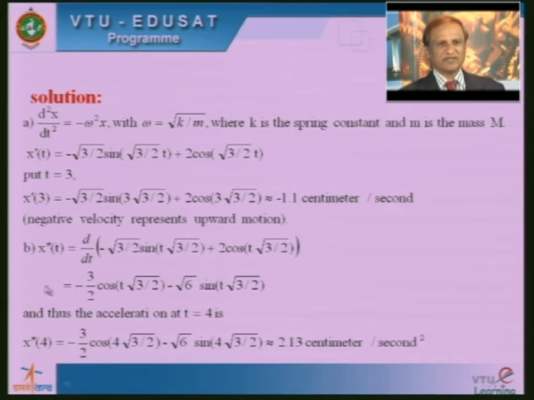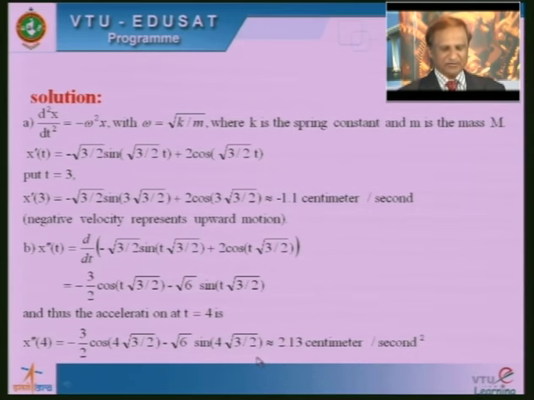Wherever t is there, simply replace t by 4. I hope you can obtain this equation: x double prime of 4 is equal to minus 3 by 2 cos of 4 into square root of 3 by 2, minus square root of 6 into sine of 4 times square root of 3 by 2.